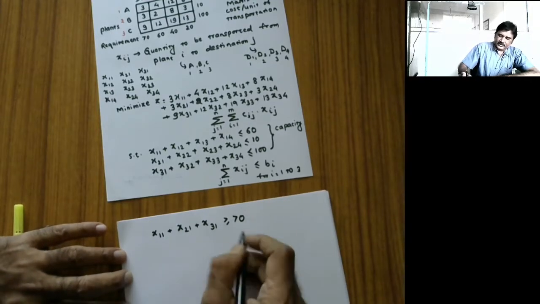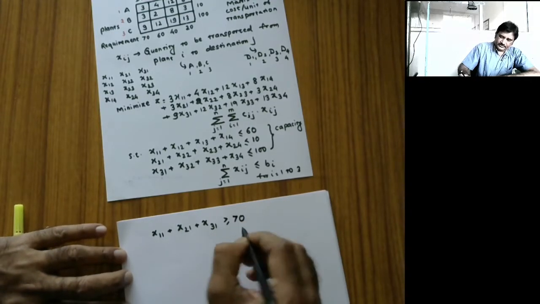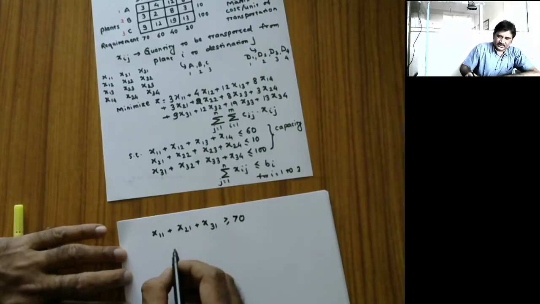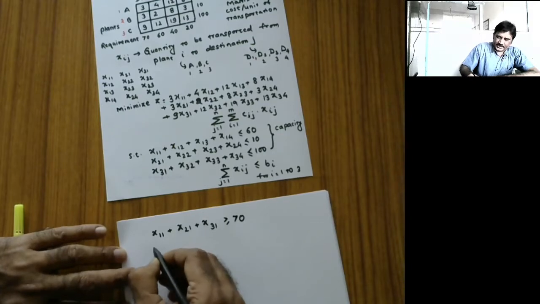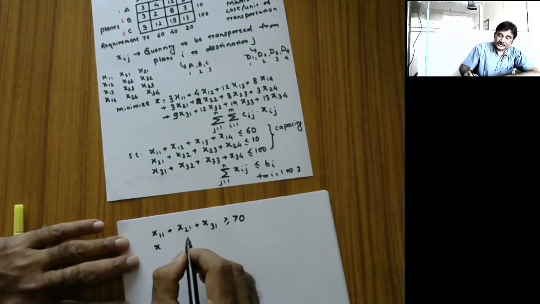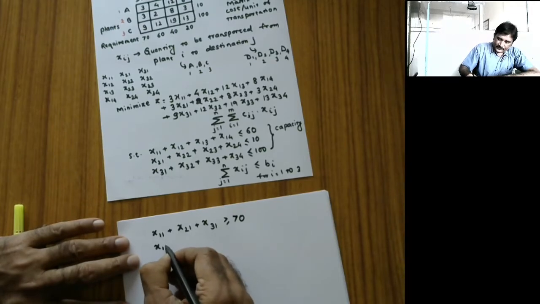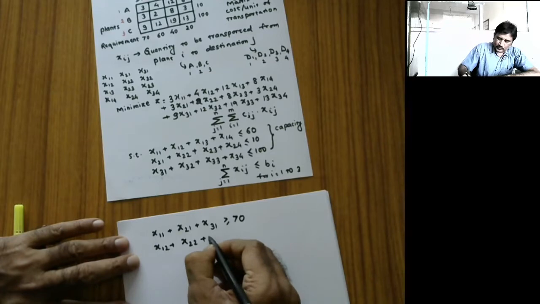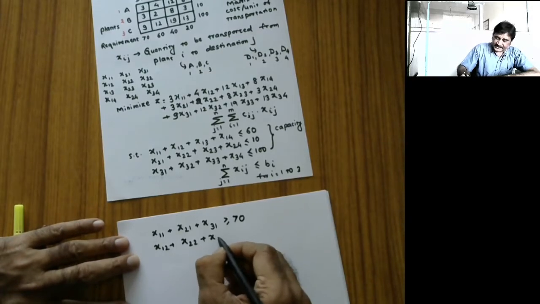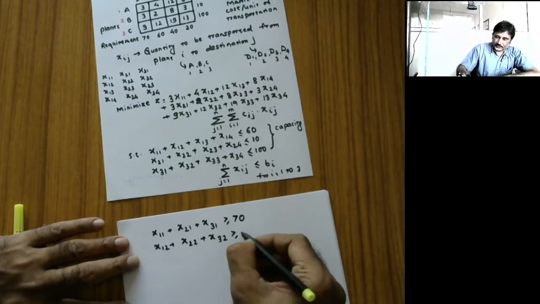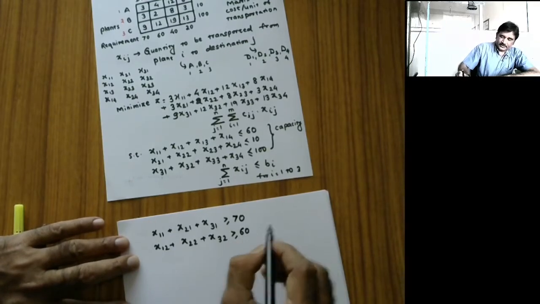Once I put in time for writing this constraint, the next constraint can be written just in pattern. Now it will be transportation to D2, so X12 plus X22 plus X32, setting the second subscript to 2, should be greater than or equal to 60.